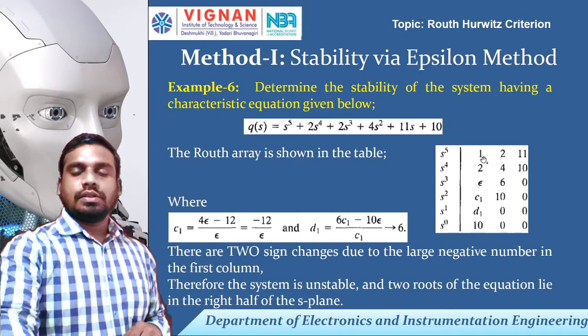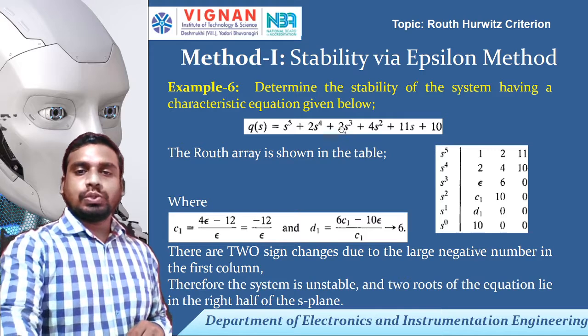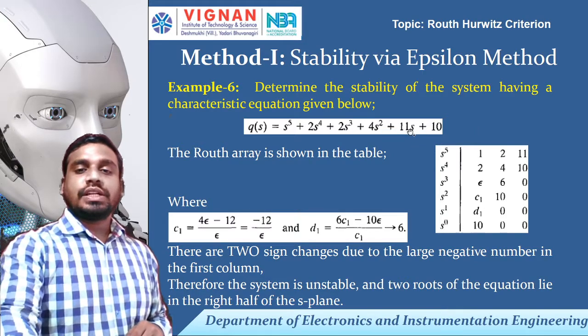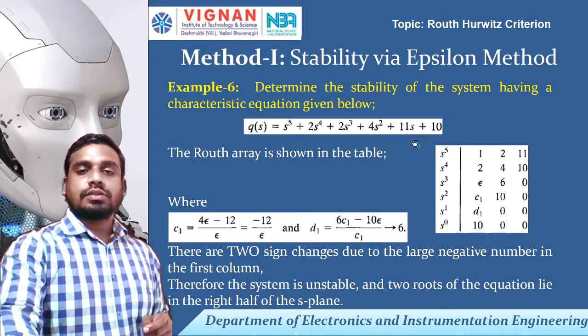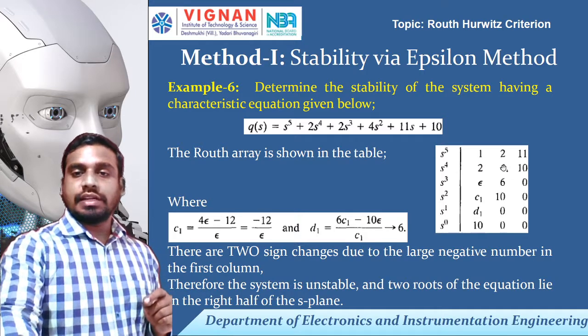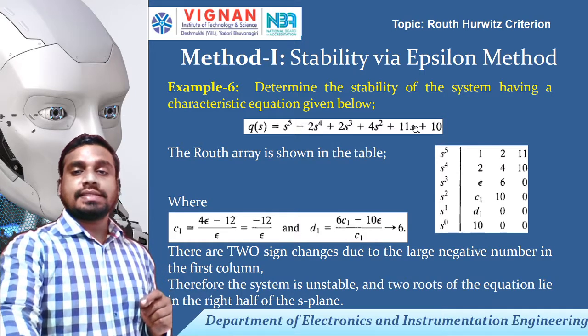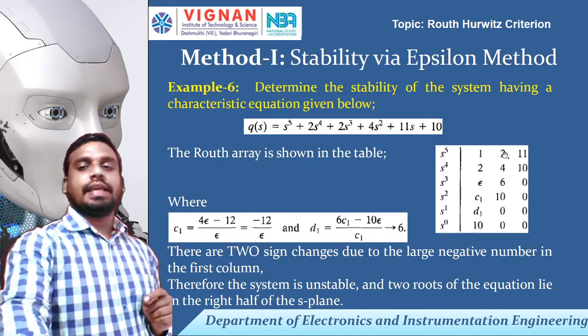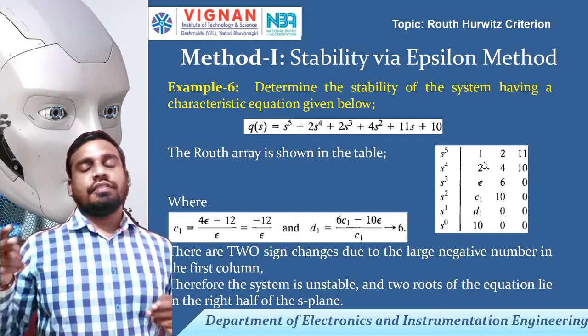The coefficient of s cube is 2, in the first row, second element. The coefficient of s square is 4, and the coefficient of s is 11. And the leftover constant is 10. So we filled the first two rows.